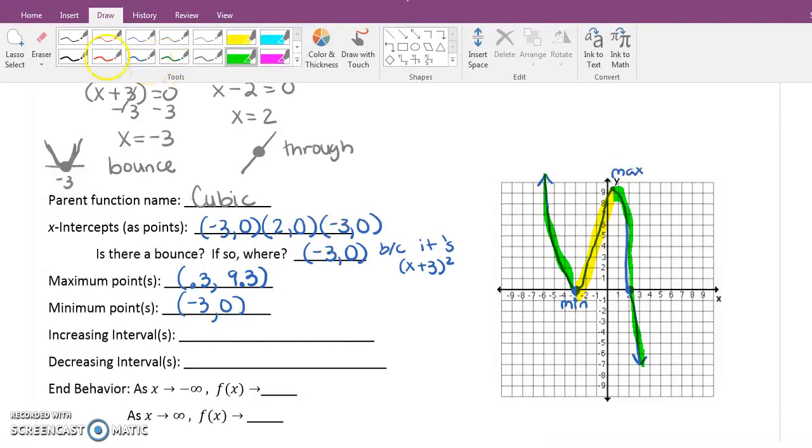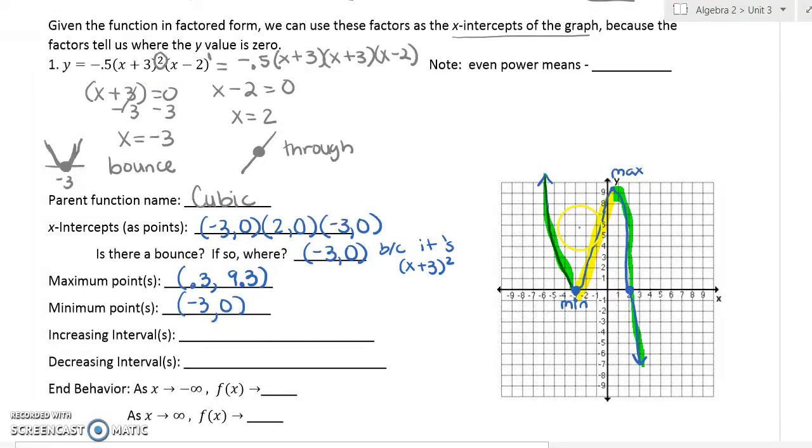So what we need to do is just figure out where this is happening. So I'm going to just go ahead and put dotted lines there just to divide them, and that number is negative 3. This one is going through the max, and the x value for the max was 0.3, and then we know that negative infinity is on the left side and infinity is on the right side.